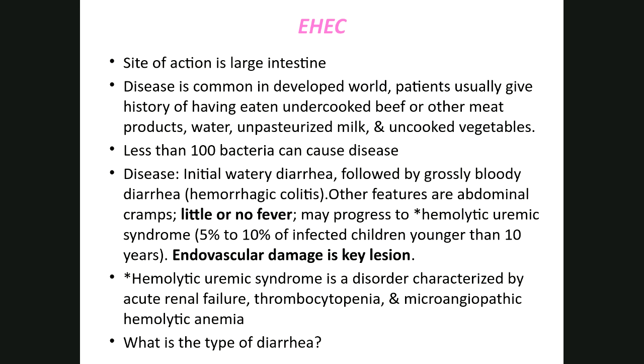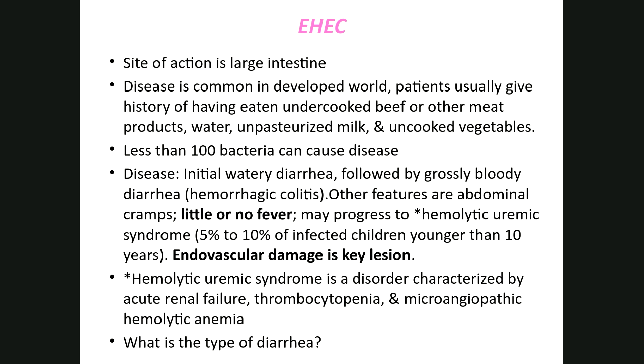The patient will give you a history, often a history of having undercooked beef or other meat, water from unrecognized sources, unpasteurized milk, partially cooked or uncooked vegetables, raw vegetables usually. And this is how it gets transferred into the human body.